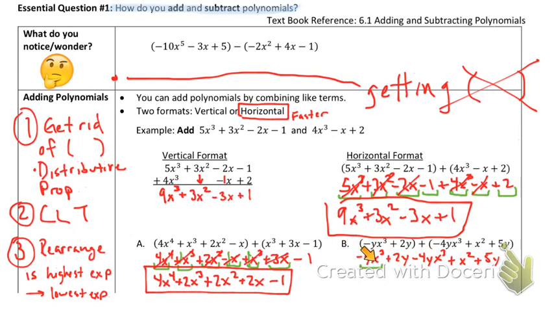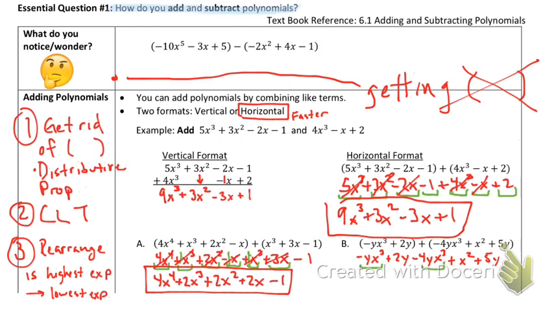So when we're looking for like terms, we need to have a y with the x to the 3rd. If you go to this term, it only has a y. It needs to have a y and an x to the 3rd. So the like term for this one is actually going to be this monomial here. This has a y and an x to the third.